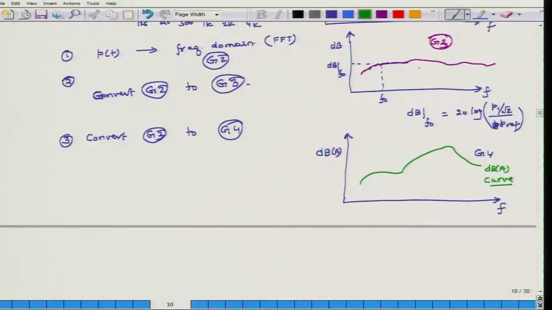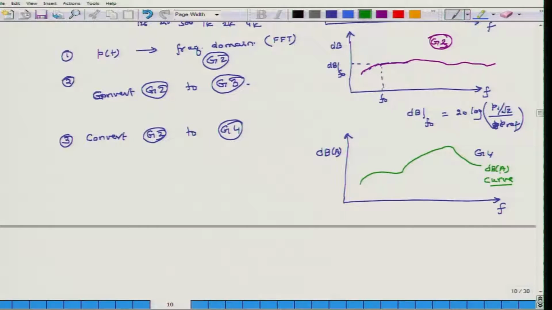How do I convert a dB curve into a dBA curve? For each frequency we have to calculate the weight, how much that point moves up or down by, and how do we calculate that? In yesterday's class we had calculated how to calculate that weight A as a function of frequency.